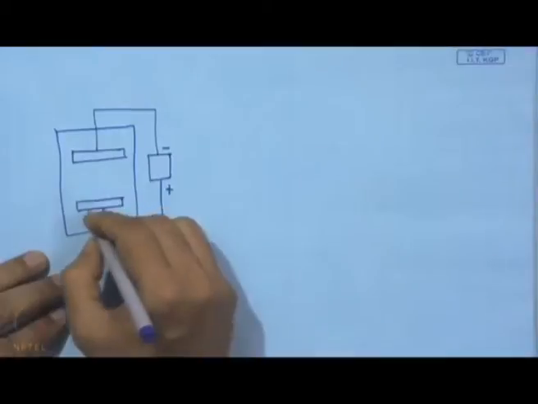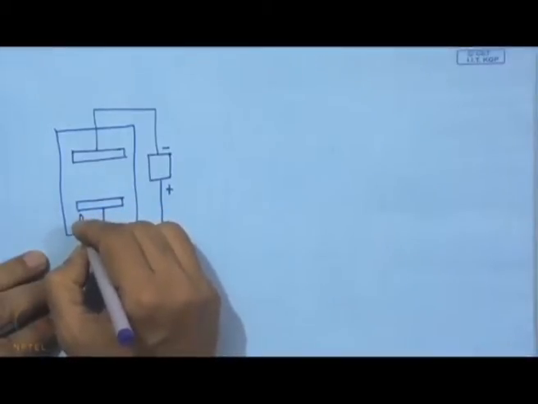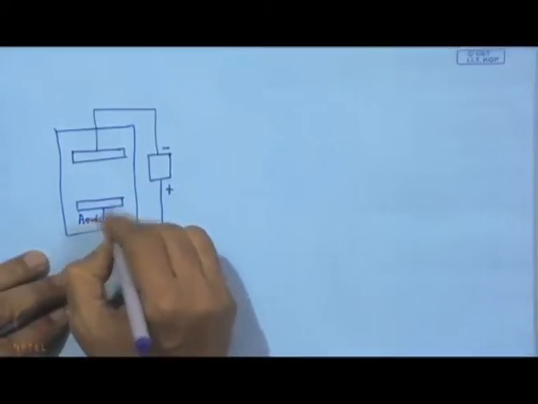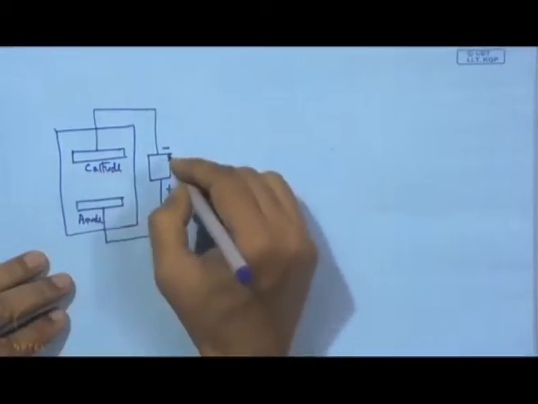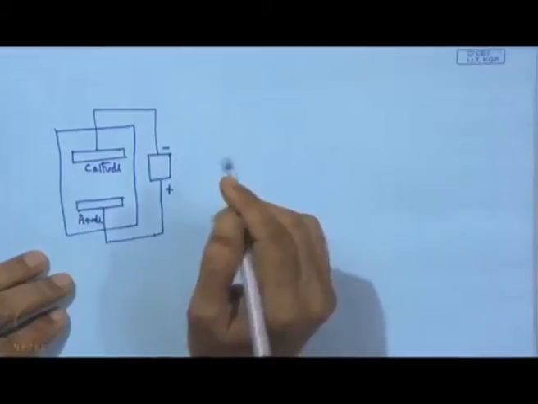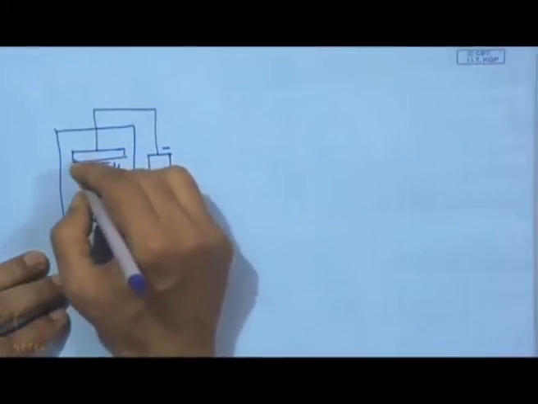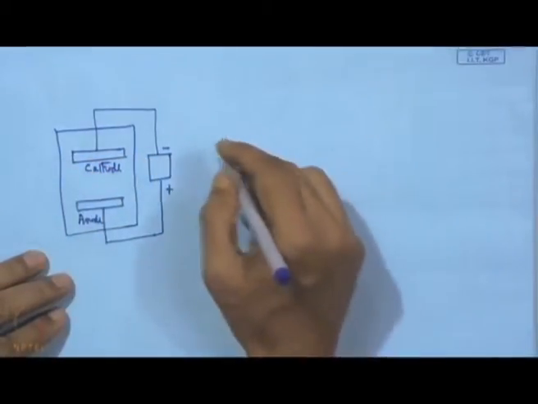Now, this target is the cathode, which is polarized with a negative bias, and this can be a conductor.